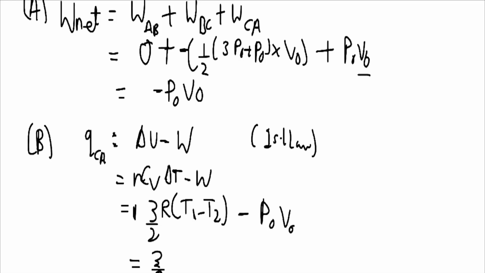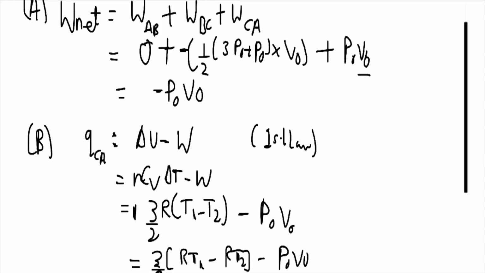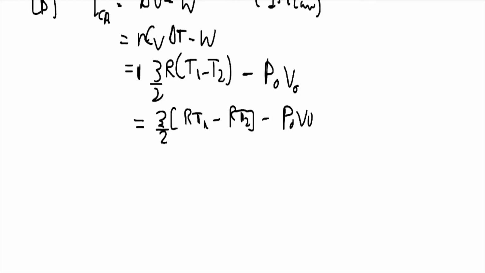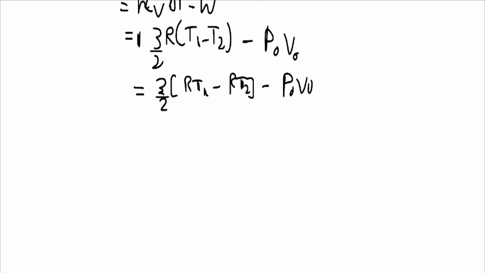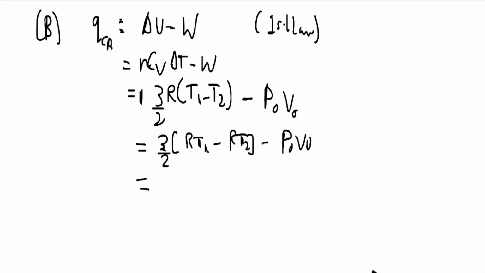So 3 by 2 RT1 minus RT2, minus P naught V naught, and RT1 can be written as P1 V1 by 1, that is mole is 1, minus P2 V2, minus P naught V naught.